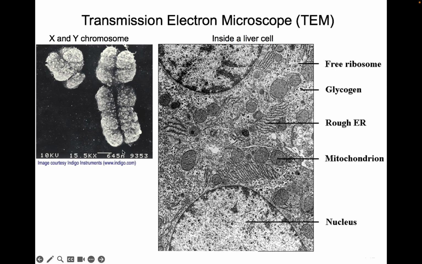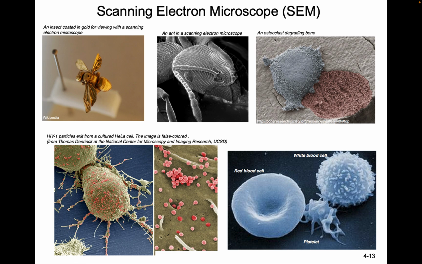So this is TEM. Scanning electron microscope, so SEM, is a bit different. What you do here is you get your specimen, in this case it's the B, and you coat it completely in gold. Quite expensive, actually. Then you hit it with a beam of electrons, but this time not like the TEM where it's going through.